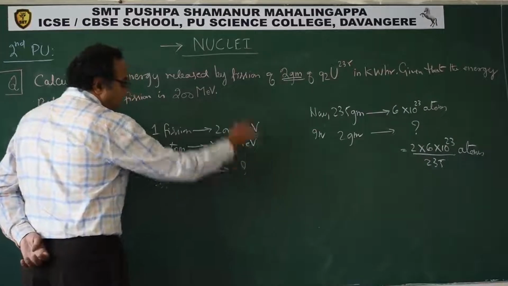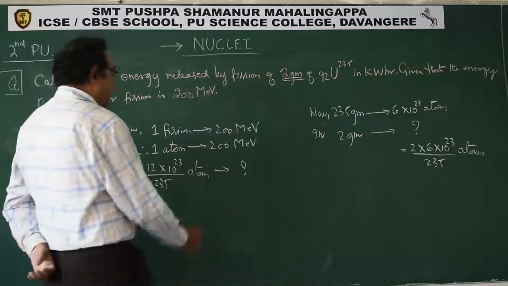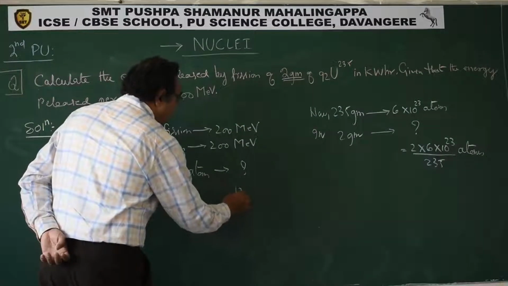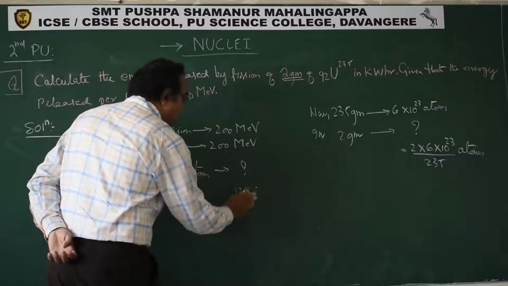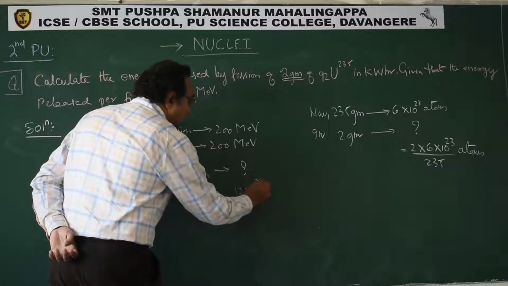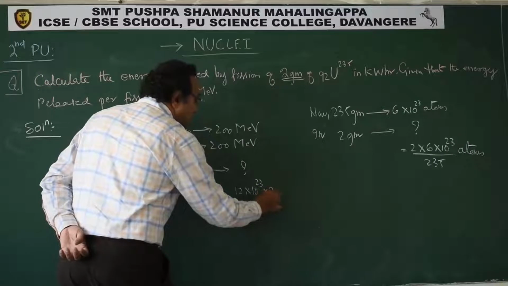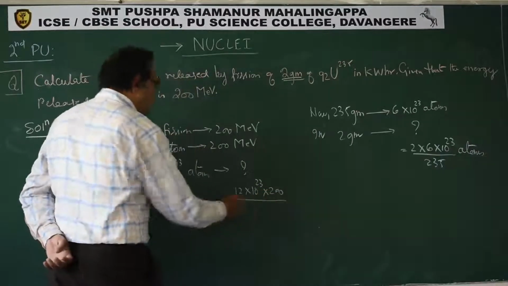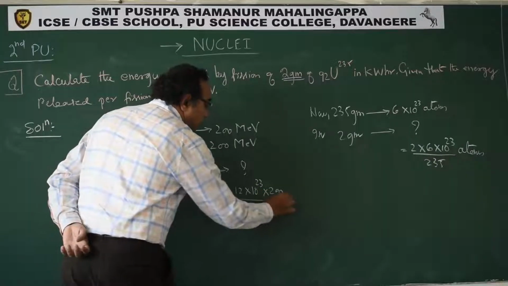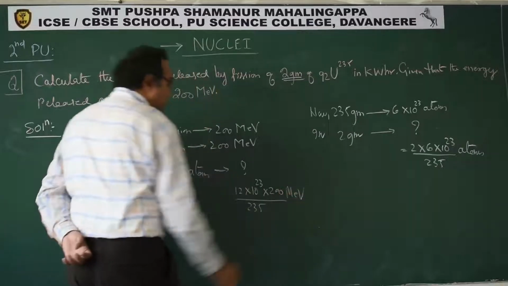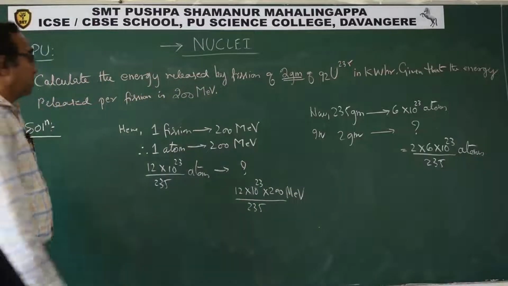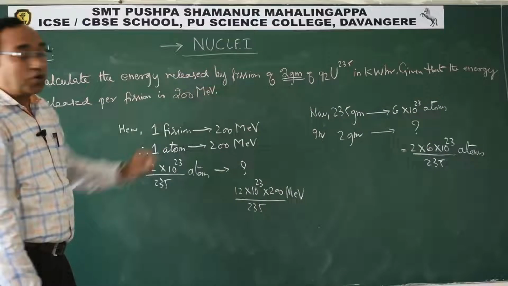These will release how much energy? So this gives us 12 into 10 power 23 into 200 upon 235 million electron volts of energy. This is what is liberated. Now we want it in kilowatt hour.